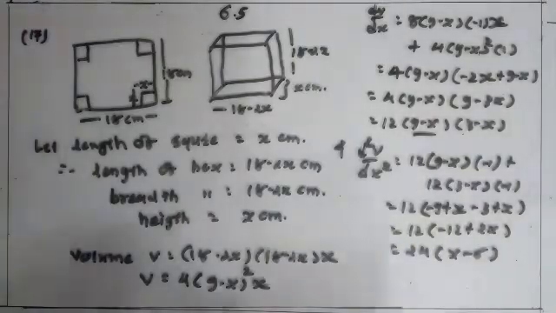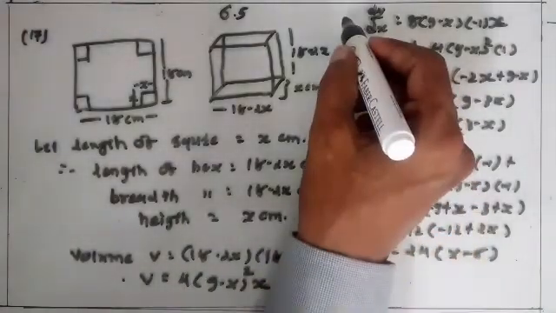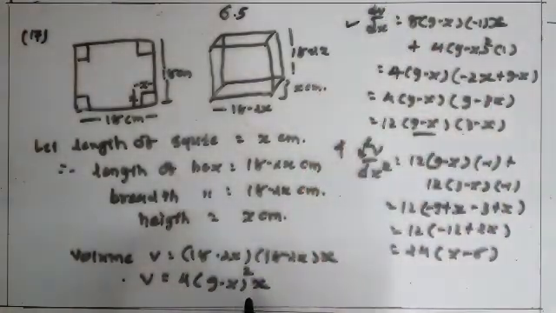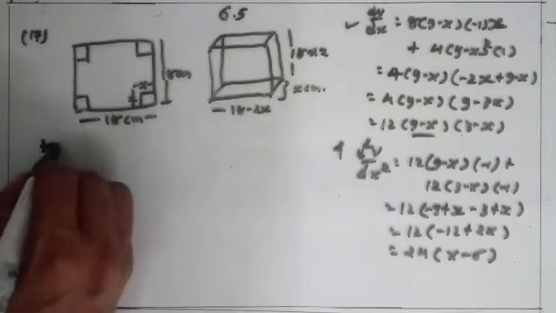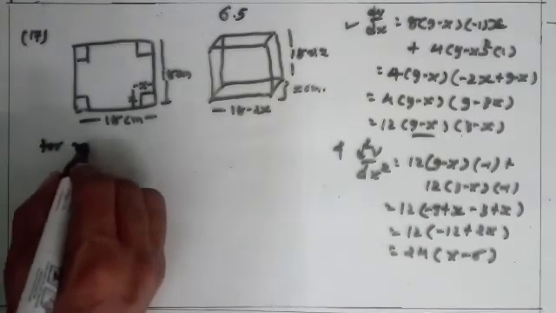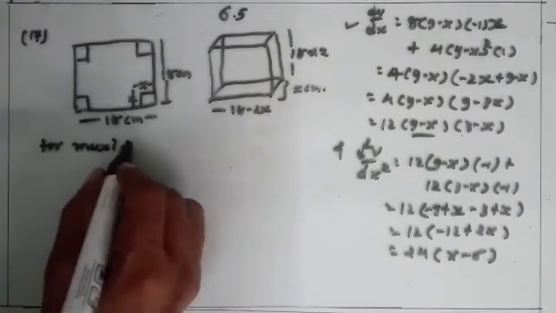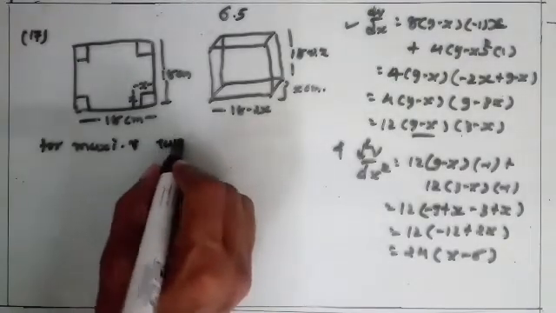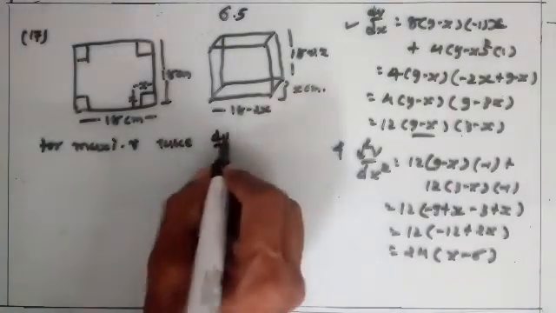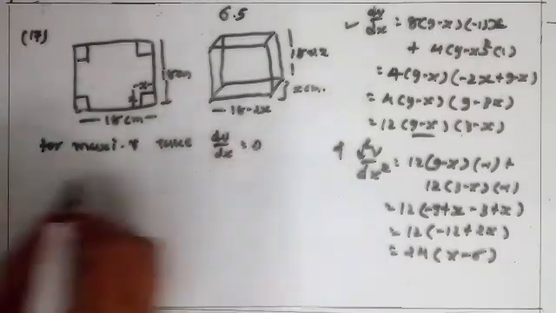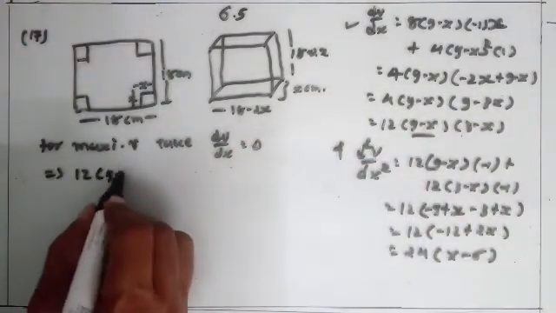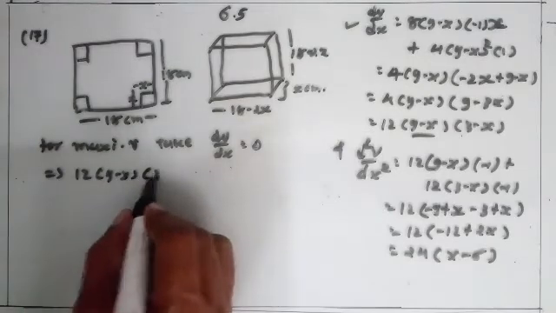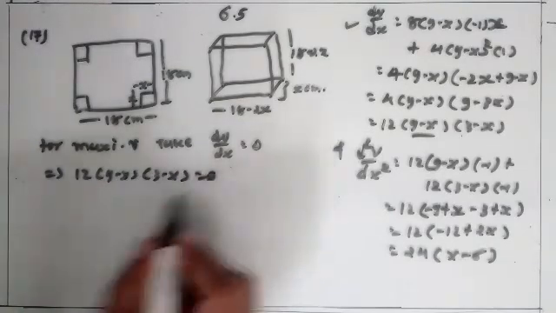Now, for maximum V, take dV/dx equal to 0. This implies 12 into (9 minus x) into (3 minus x) is equal to 0.